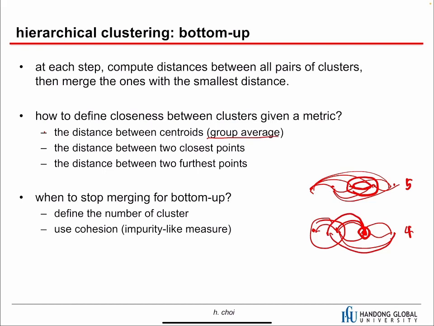Another one is to use the distance between the 2 closest points. Let's say we have one cluster with many samples, and another cluster with samples. Then the distance between these 2 clusters could be this one. Instead of using the average, we can use the closest one. And the last one, we use the distance between the 2 farthest points.